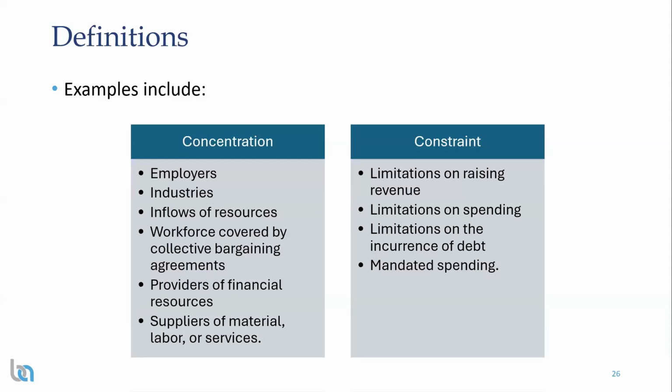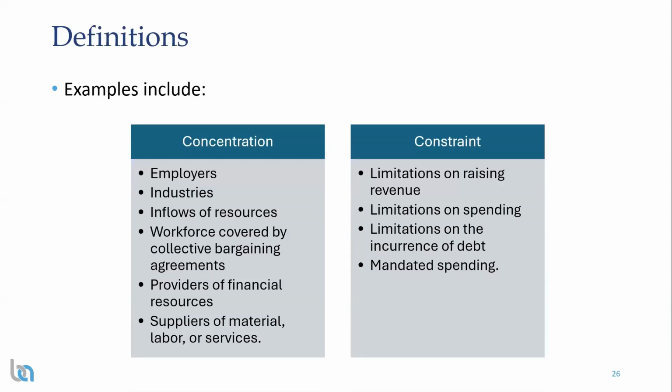Luckily, it got defeated. Good for you. But that would have imposed a lot of restrictions on how you can raise revenues. Limitations on spending, limitations on incurrence of debt, mandated spending. Sometimes you are mandated to spend on certain programs. So these are also constraints.